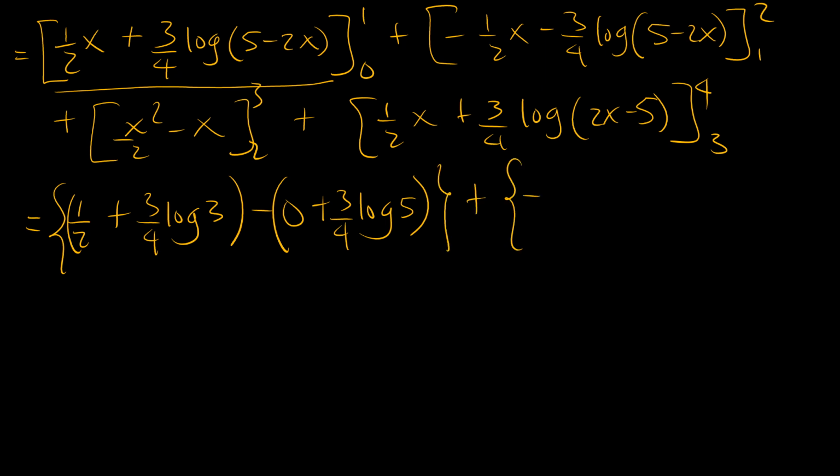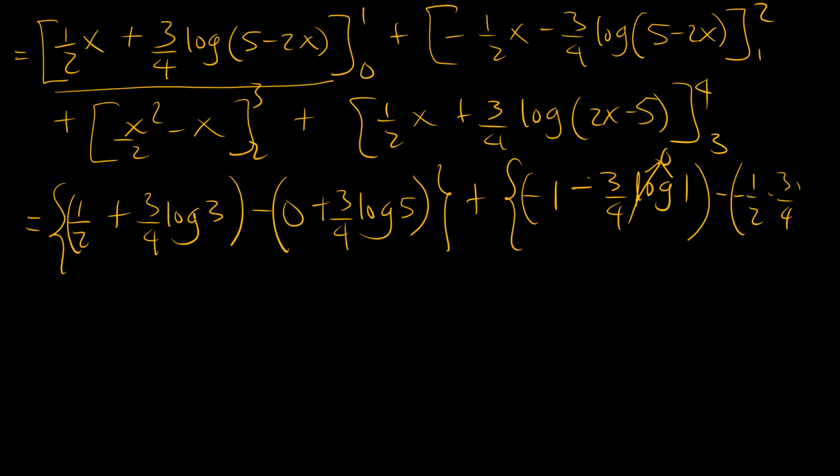Plus negative a half times 2, so that becomes negative 1, minus 3 over 4 log of 5 minus 2x, this becomes log 1, and this tends to 0, minus negative a half times 1, which is negative a half, minus 3 over 4 times log of 5 minus 2, which is log of 3.